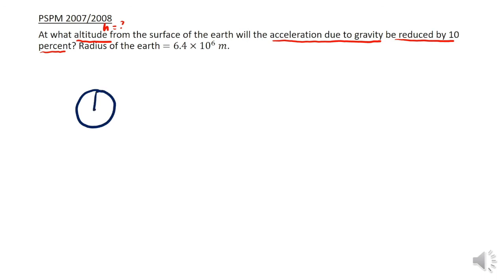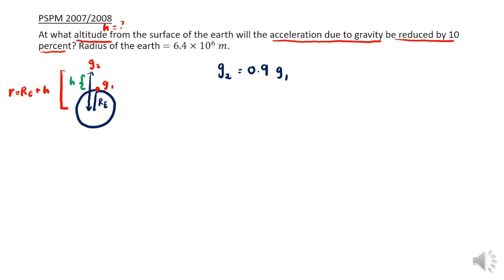Okay, for PSPM 2007-2008, at what altitude from the surface of the Earth will the acceleration due to gravity be reduced by 10%? We're going to have two positions here, one on the surface of the Earth and another one outside of the Earth's surface.